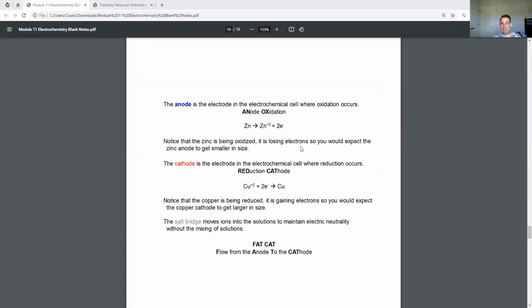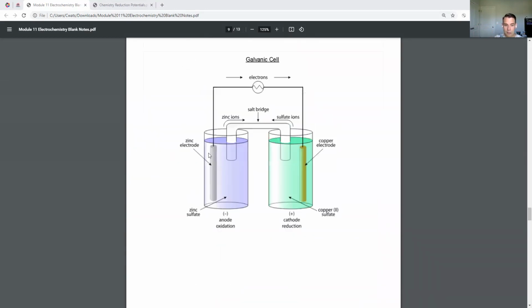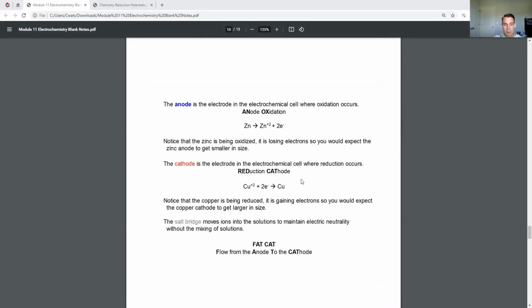So what happens as the process goes on, the zinc anode is going to get smaller. So this zinc electrode will actually dissolve into solution so the electrons can flow from the anode to the cathode. And then the copper one, where the electrons are going, ends up getting bigger. So copper is the cathode, where reduction occurs, and we use RED CAT, reduction cathode.